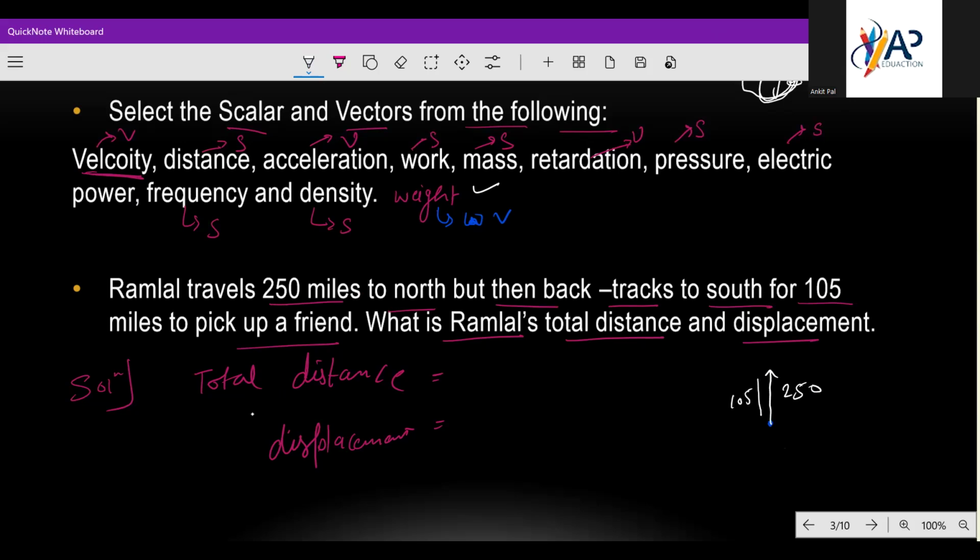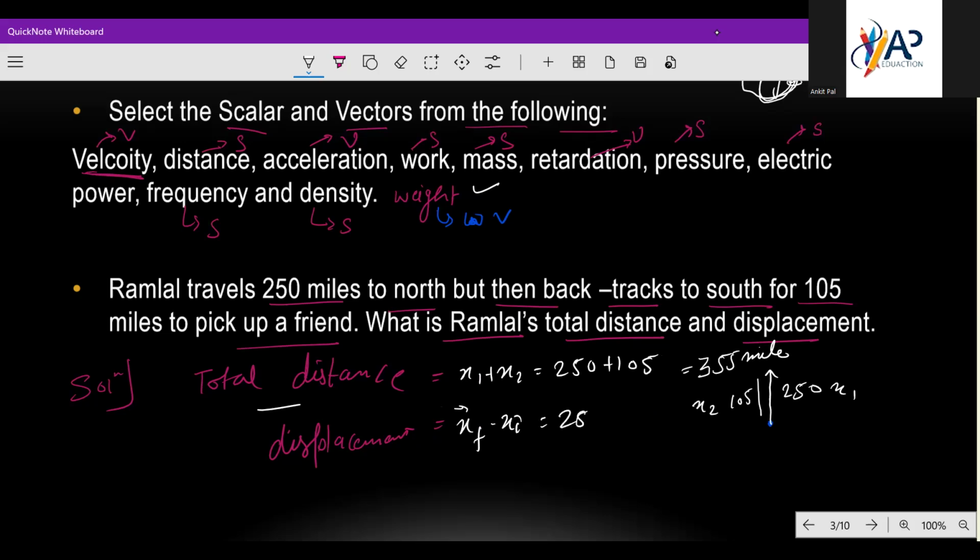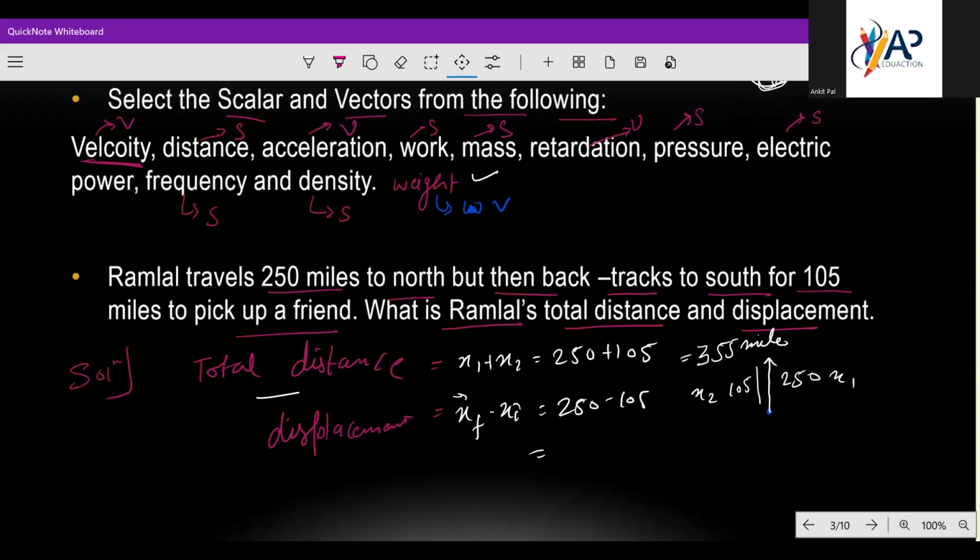When we find total distance, we add x1 plus x2: 250 plus 105 is 355 miles. This is the distance. When we find displacement, we take final position minus initial position: 250 minus 105 is 145.